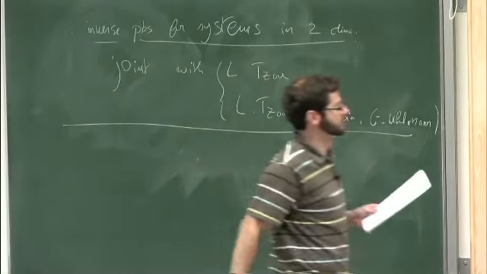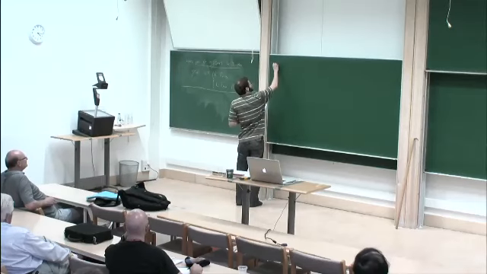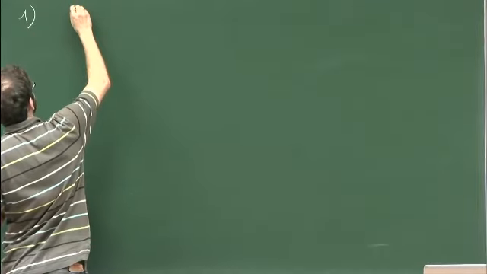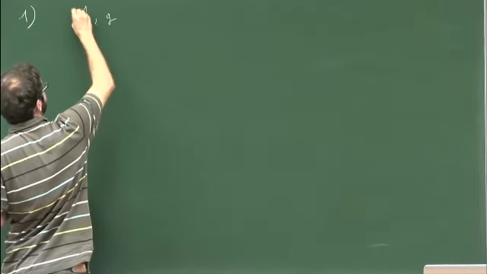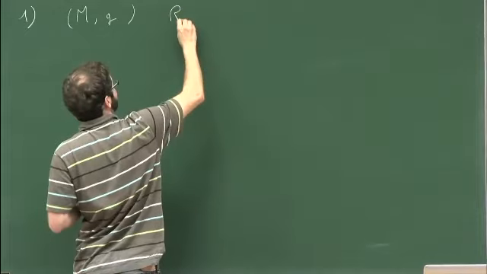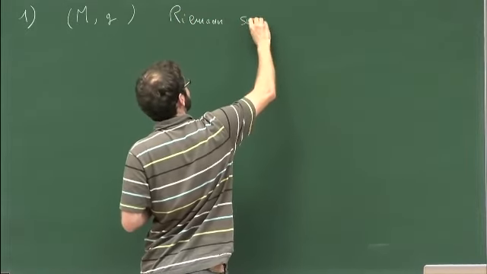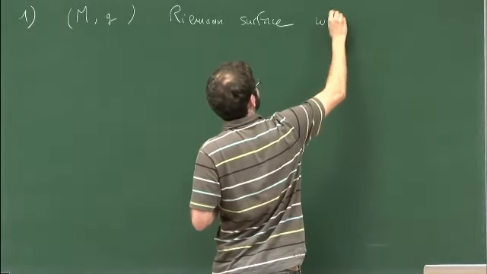Let me start here. So the first case is: consider M equipped with a metric, which is fixed. It's a Riemann surface with boundary.